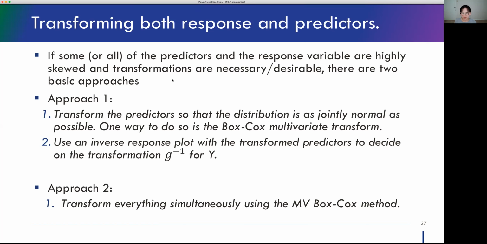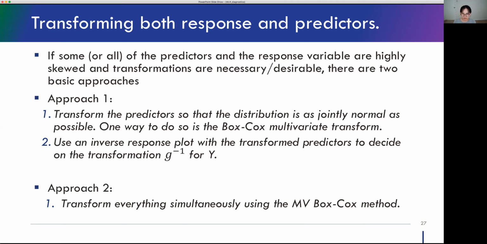In approach one, we transform the predictors first so that the distribution is kind of jointly normal. One way to do this is to use the Box-Cox multivariate transform. Note we have multiple predictors now.